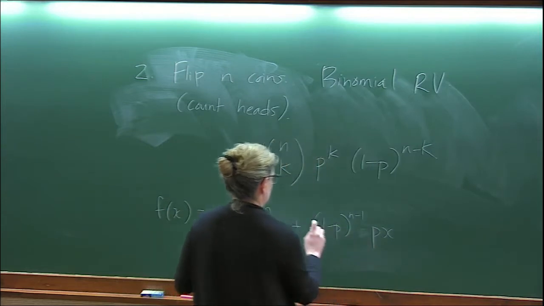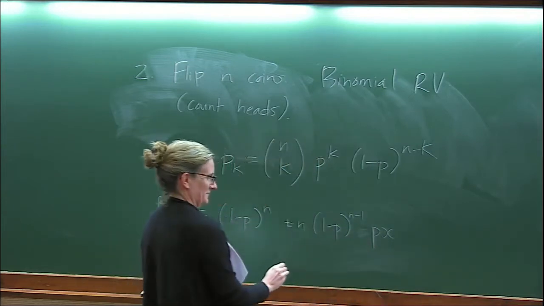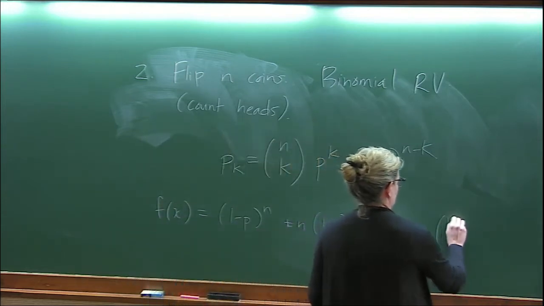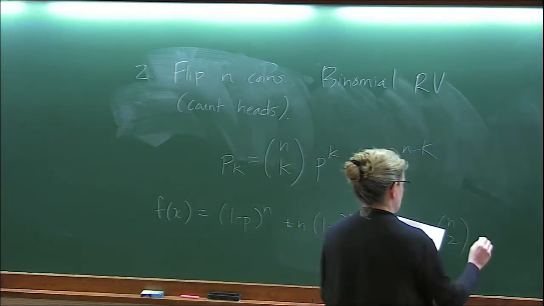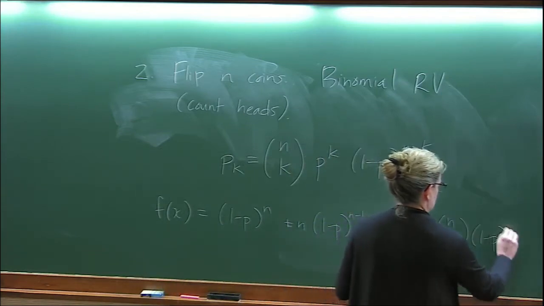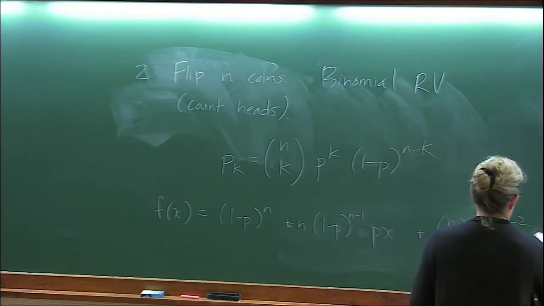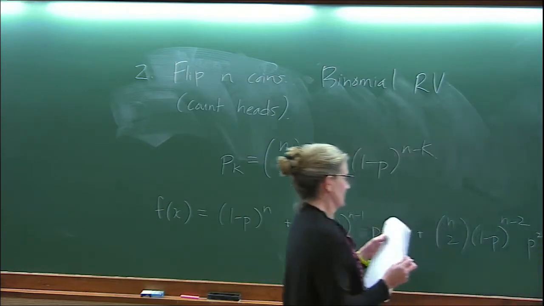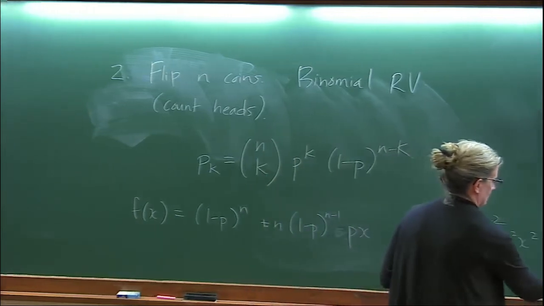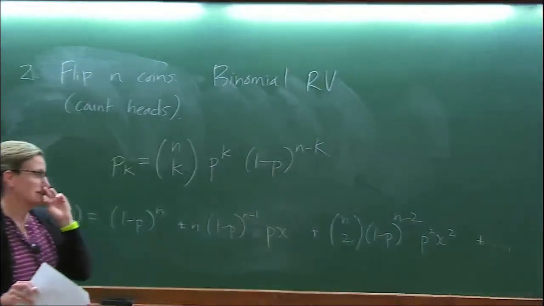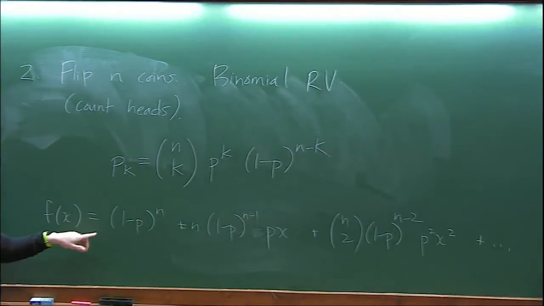No, I want the n at front. For my own nefarious reasons, I'm moving things around here. 1 minus p to the n minus 2, p squared x squared. This is probably not exactly what you wrote down, but it's the same. I just wiggled things around.